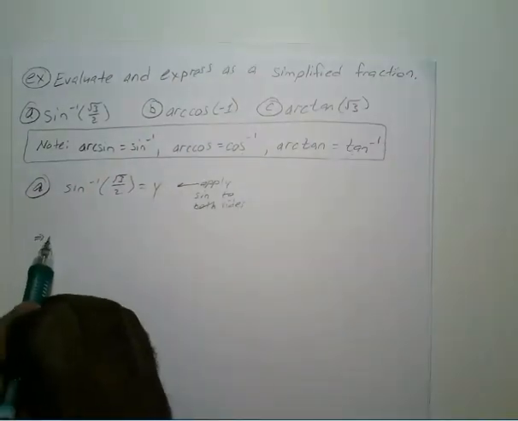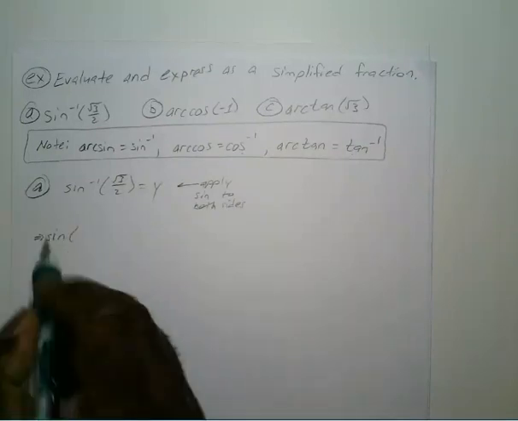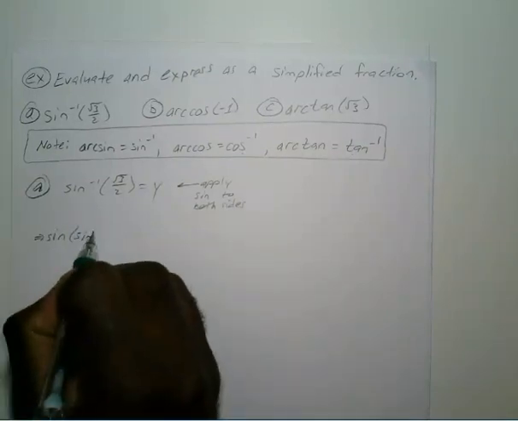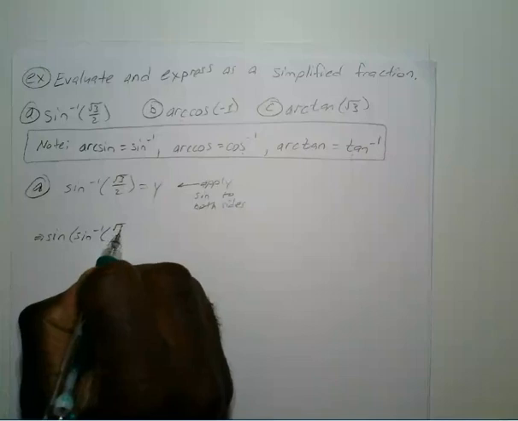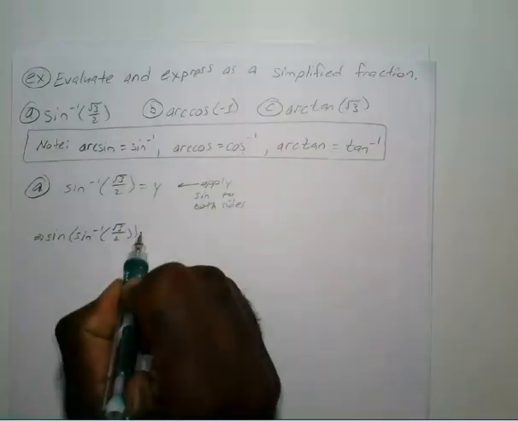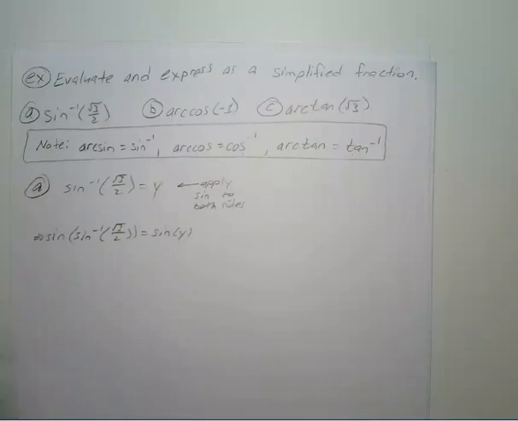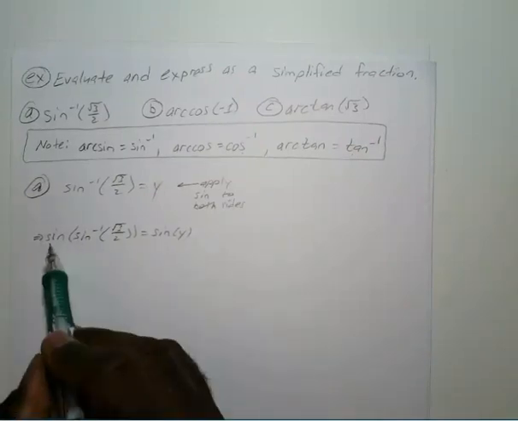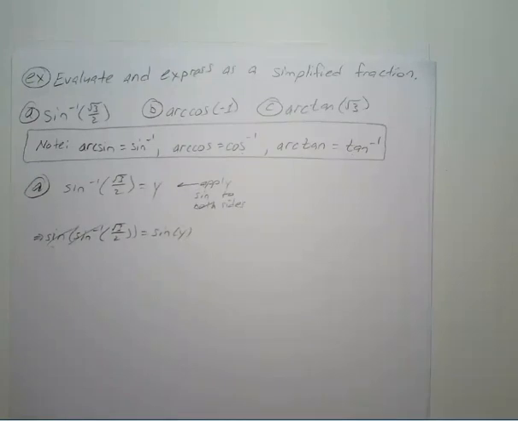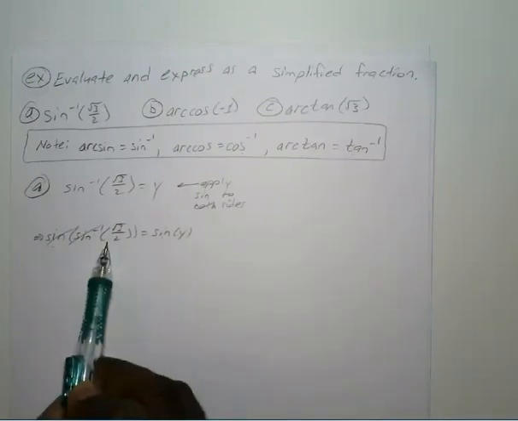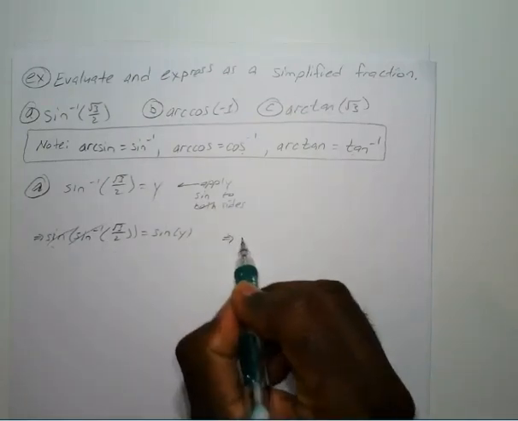That gives us sine of sine inverse of square root of 3 over 2 equals sine of y. Now the sine and the sine inverse cancel each other out. So you have sine of y equals square root of 3 over 2.